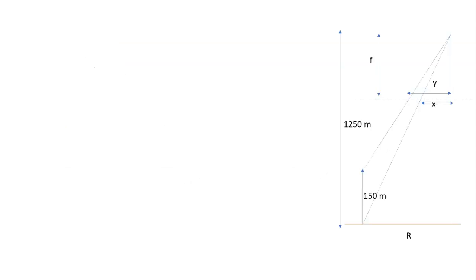Now let me redraw the diagram by considering some sets of triangles here. So x, y are the same old radial distances seen on the photograph. f is the focal length. The flying height is 1250 meters, which is exactly 1.250 kilometers, and the height of the chimney is 150 meters. The chimney is located at a radial distance of r meters from this line, which is the principal axis.